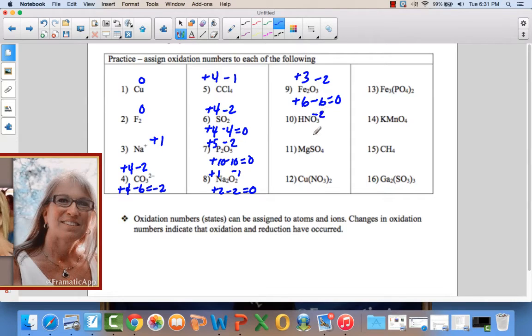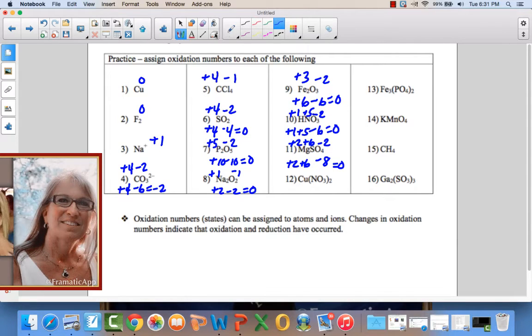Here oxygen is -2. That gives me -6. Hydrogen's +1. Therefore, doing the math, nitrogen had to be +5. Oxygen is -2 times 4 is -8. Mg is +2. So for this to equal 0, sulfur had to be +6.